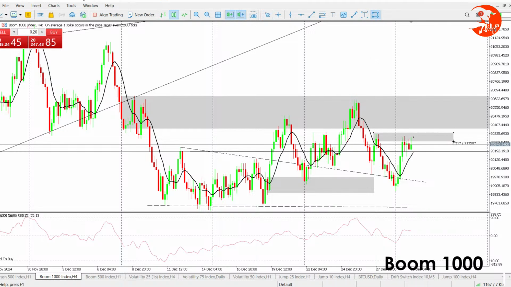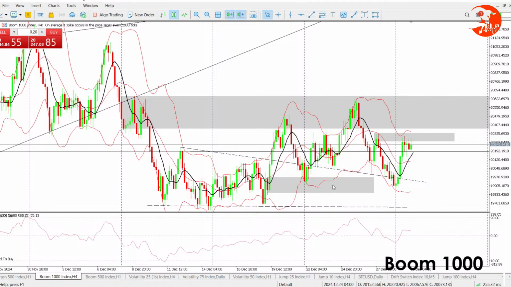Here we can see resistance on that level. Whenever price gets to that level, it comes down again. So I can bring my Bollinger and understand that it's not conclusive, so I may not sell from here. I may wait for another confirmation.